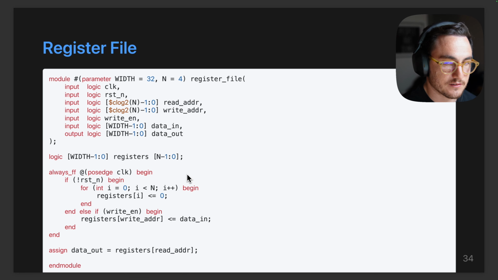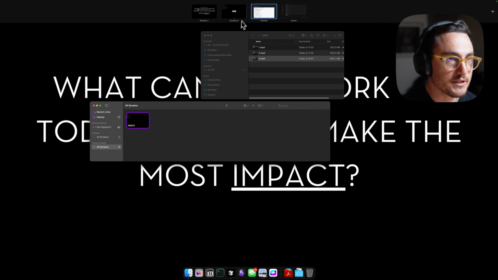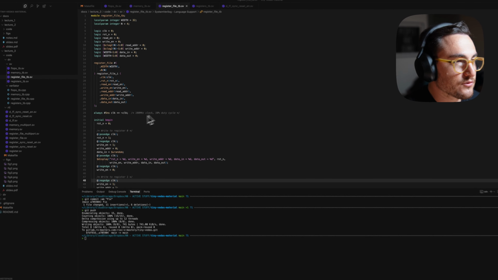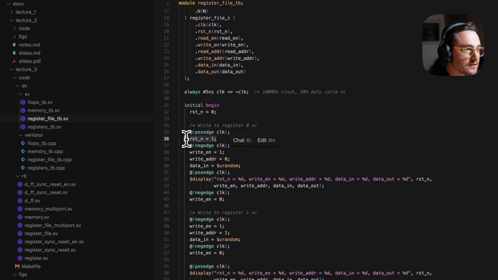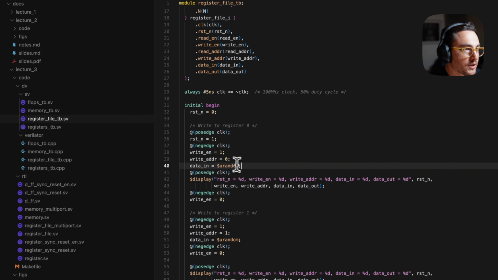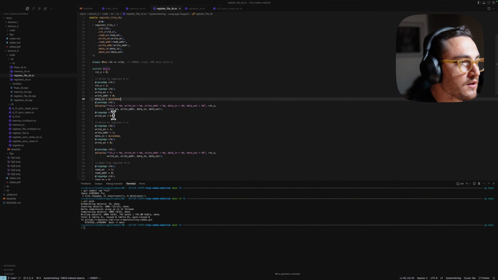Let's look at the test bench for a minute. So this is the test bench for the register file. And what we do is we reset the register file first here, then we assert normal operation and we write to the 0 address whatever number we want. So this is a system call that gives us a random number.